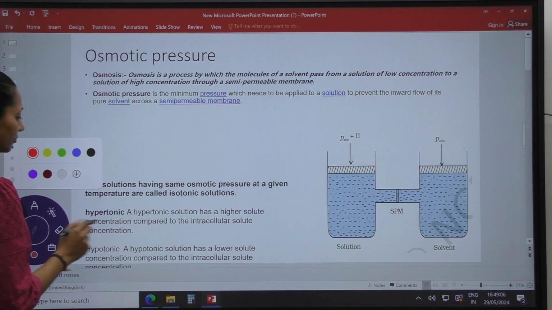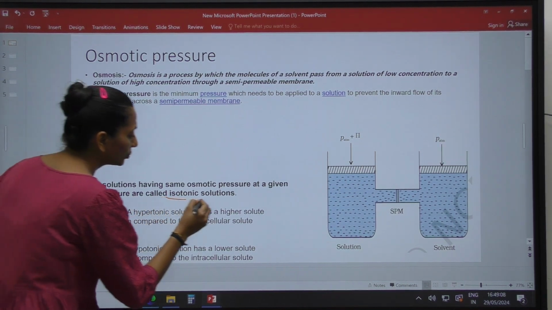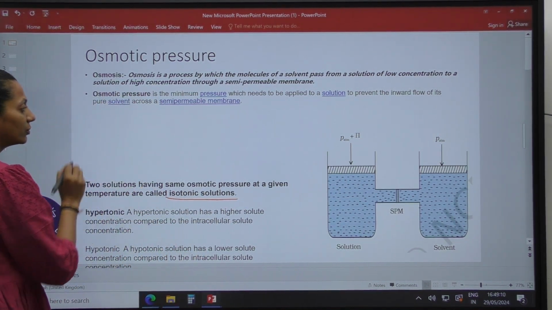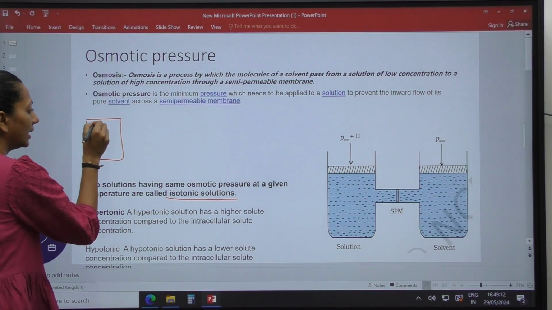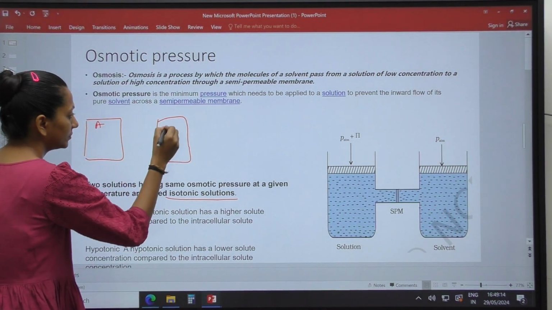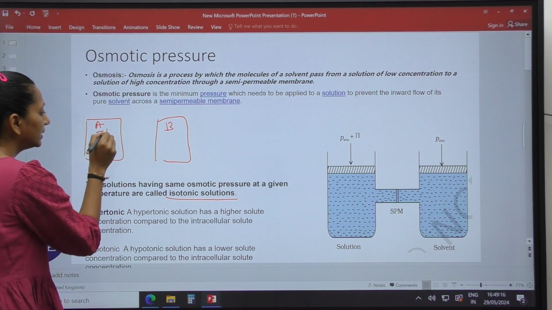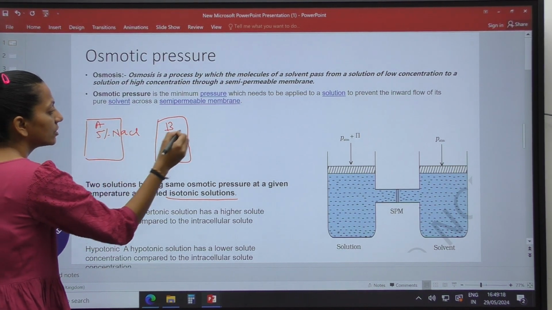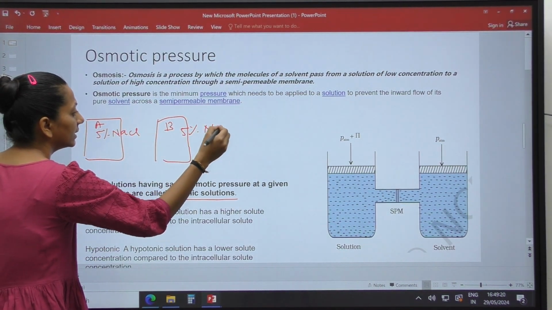First one, it is written here, isotonic solution. What are isotonic solutions? I am having two solutions A and B. This is my 5% NaCl and this is also my 5% NaCl.